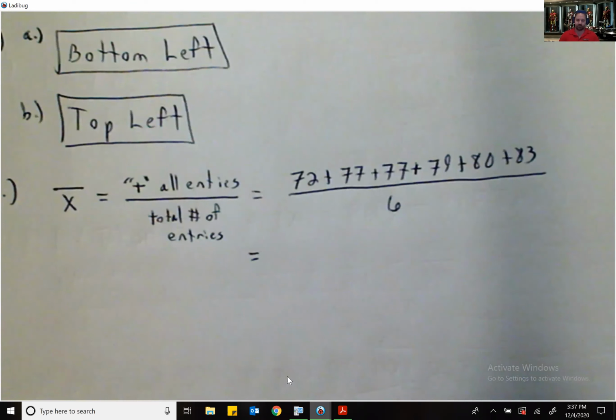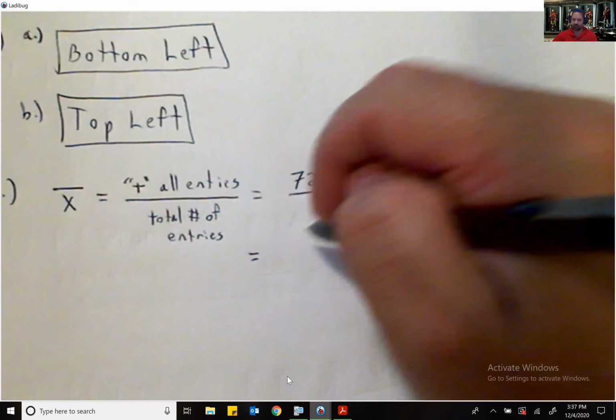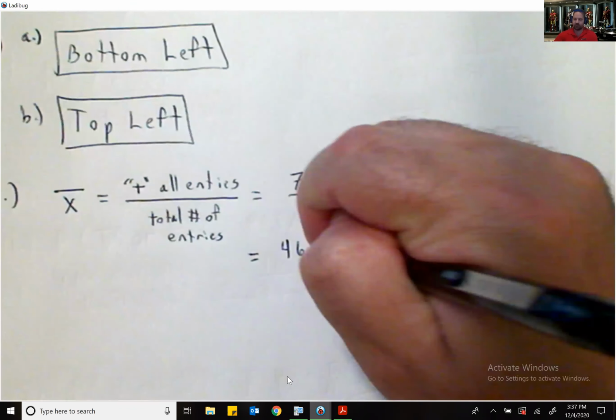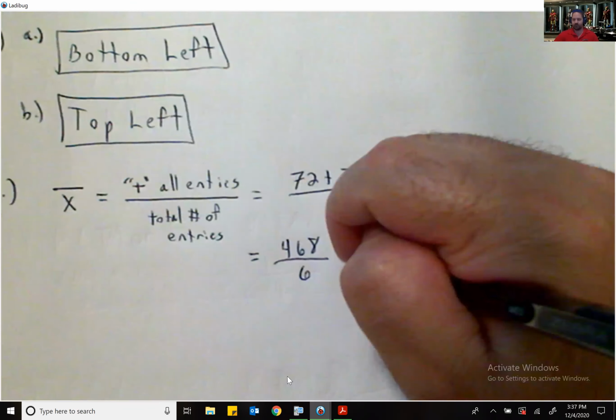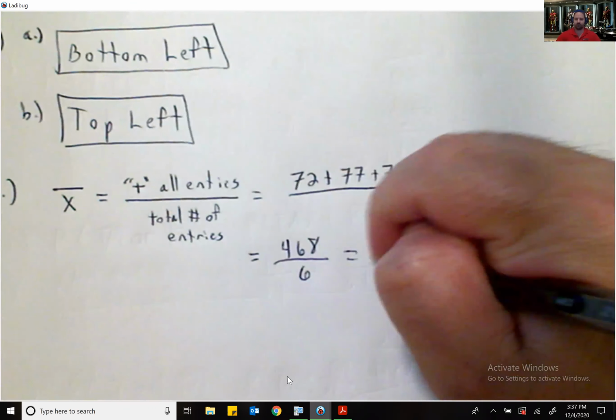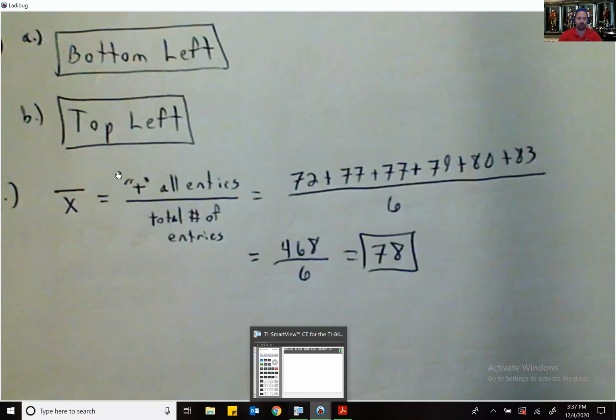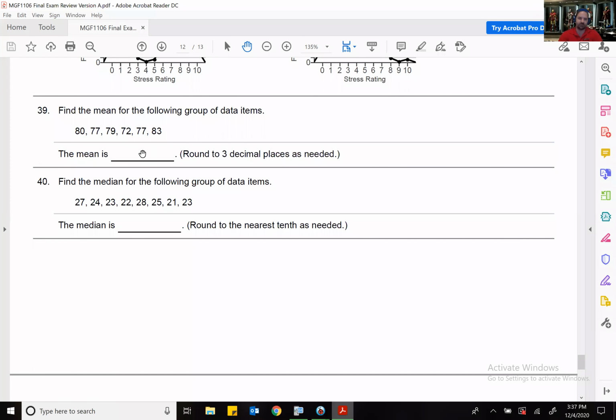Using my calculator, my top number is 468. Divide that by 6. I get 78. I think it said to round to 3 decimal places, but since it's nice and neat, I don't have to round. Now let me show you how I can do this on the calculator real quick.